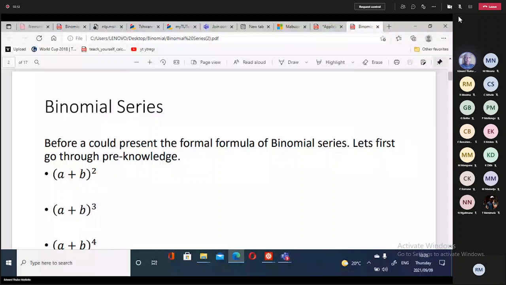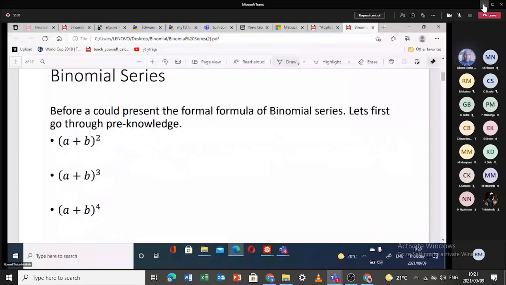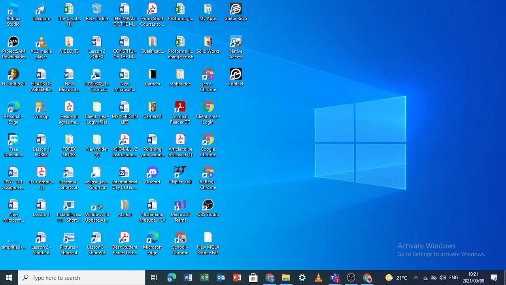So the chance is 1 in 14 million. There are a lot of applications, and in statistics also they use this binomial series. Later on we'll be using this.